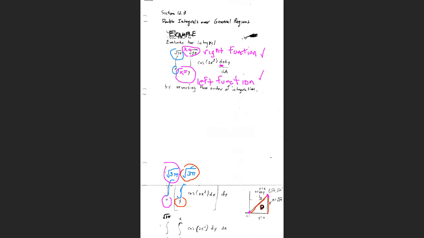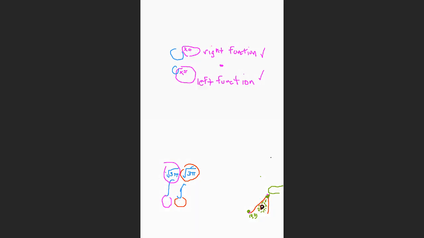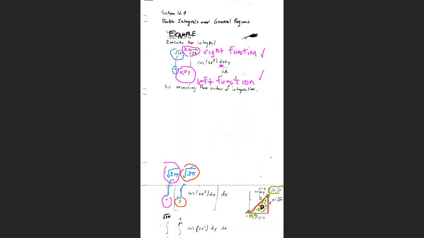Here's the origin, 0, 0. And here's this point, root 3 pi, root 3 pi. Any point in region D, the y coordinate for that point is going to be between y equals 0 and y equals root 3 pi. That necessitates then that the region D is this triangular region.